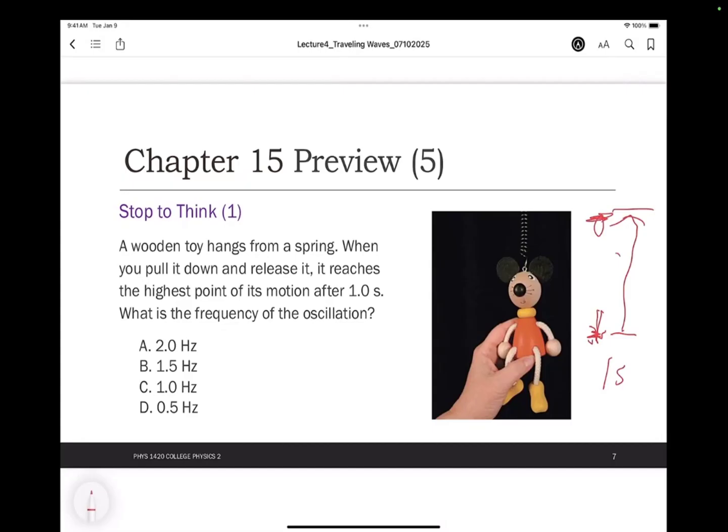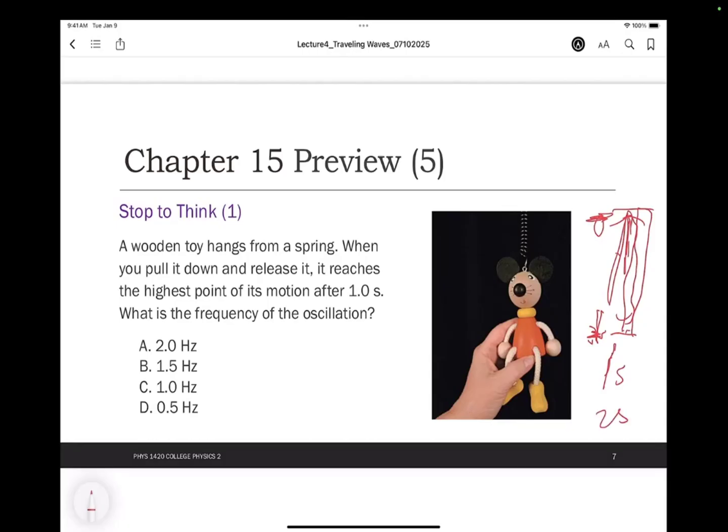So how long will be the period? You can see this is half a period, am I right? If you go from the lowest point to the highest, and from the highest back to the lowest point, this is one period. So half a period is 1 second, and so the period is 2 seconds. Am I right?